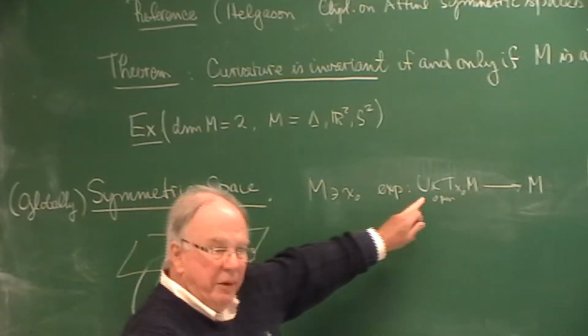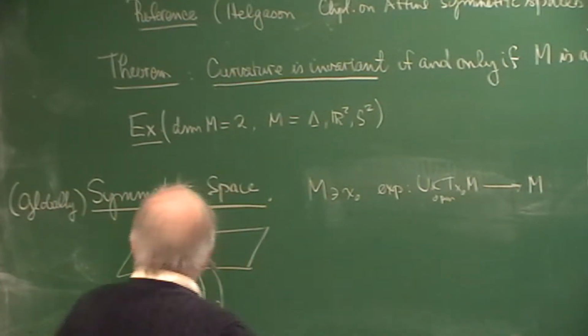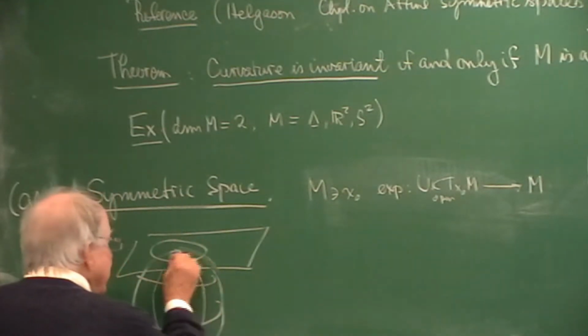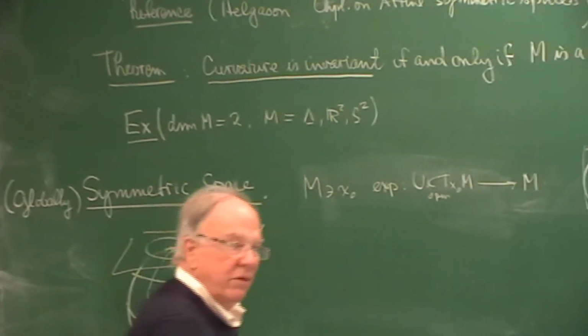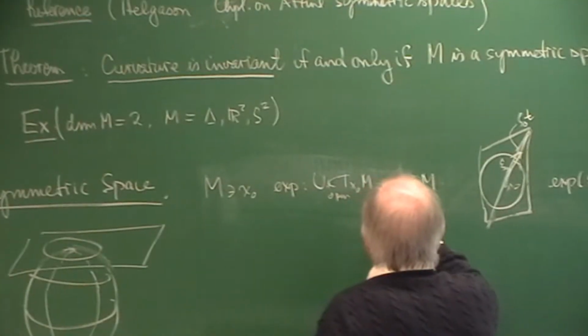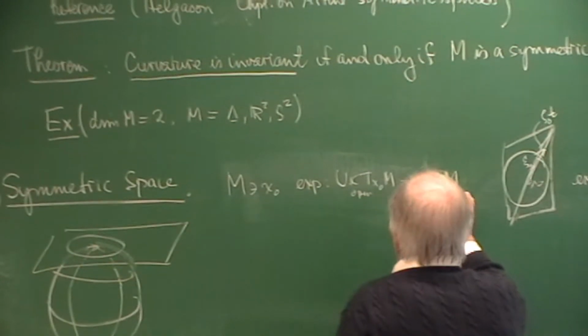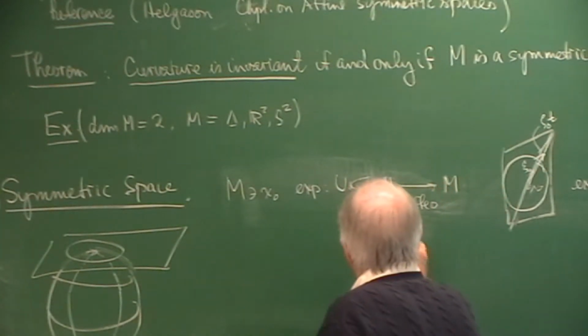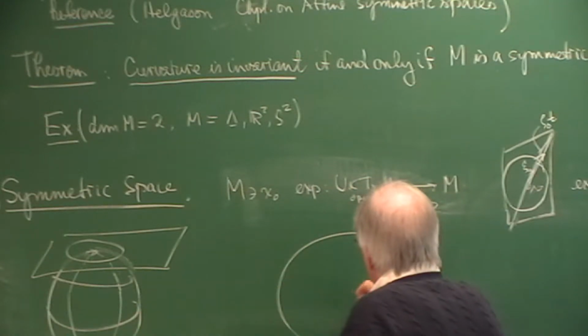So you only take a small neighborhood, so the small neighborhood of the tangent space here comes down to a beautiful neighborhood here, which is a diffeomorphism. So this is a diffeomorphism, right? The exponential mapping, and so the image of it looks like this.